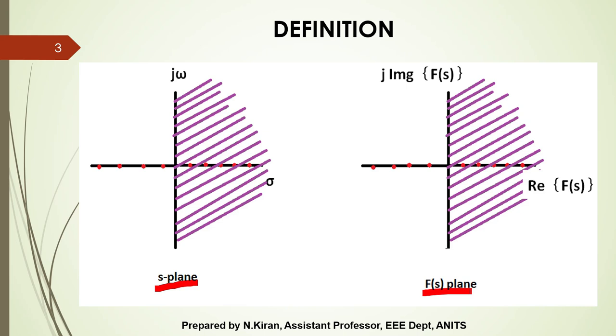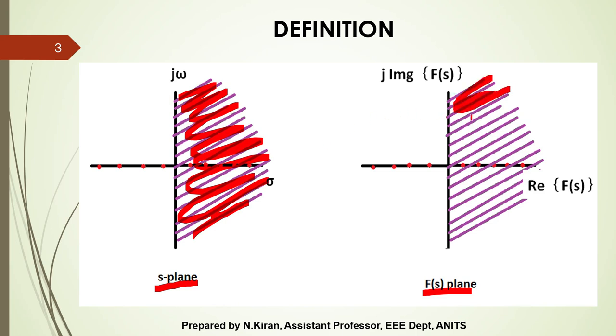For every real value of s in the S-plane, there is a real value of f(s) in the f(s) plane. The second one: when the real part of s is greater than or equal to 0, then the real part of f(s) should also be greater than or equal to 0.